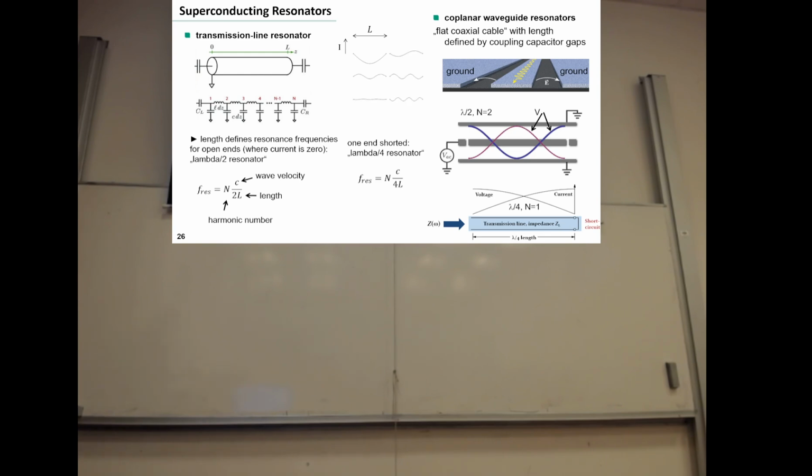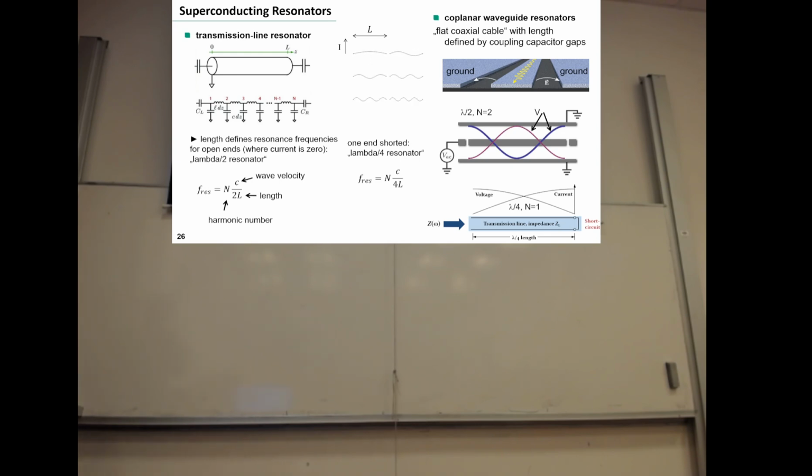The resonance frequency will be given by the length of this inner part, as of course you know from anyone who has ever seen a guitar, for example. So there are two versions. You can have the same boundary conditions on both sides, and you get a half wavelength resonator, basically having such a resonance frequency. And there can, of course, also be multiple harmonics of this resonance frequency in this transmission line resonator.